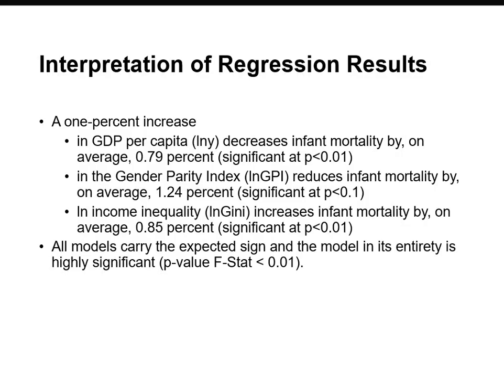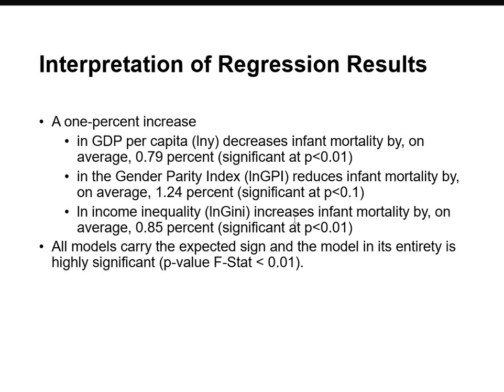A 1% increase in GDP per capita decreases infant mortality by, on average, 0.79%, and it is significant at a p-value of less than 1%. And a 1% increase in the gender parity index reduces infant mortality by, on average, 1.24%, and it is only significant at less than 10%. And a 1% increase in income inequality increases infant mortality by, on average, 0.85%, and it's also highly significant.